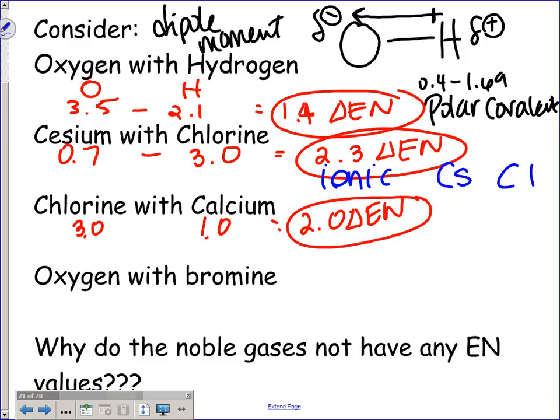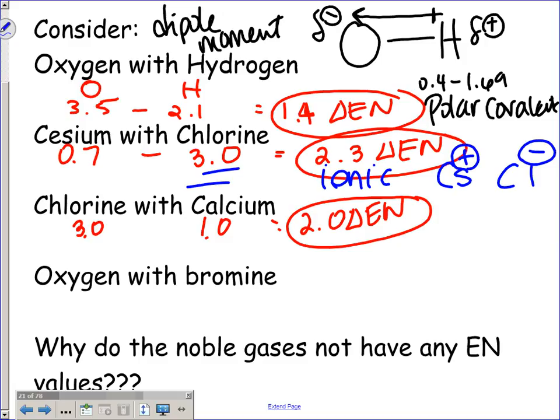Who's getting those electrons? Chlorine, because it's more electronegative, 3.0. That's going to have a negative charge of 100%. And cesium likely lost that electron because it gave it up to chlorine, and so it has a full positive charge. Now we could actually draw Lewis dot diagrams with that, but I want you to see there's a full positive and negative versus partial positive and negative, because there's a shared situation up top.